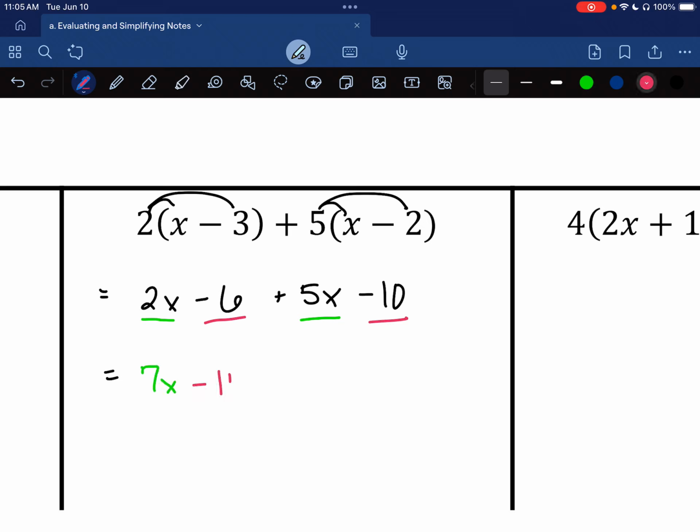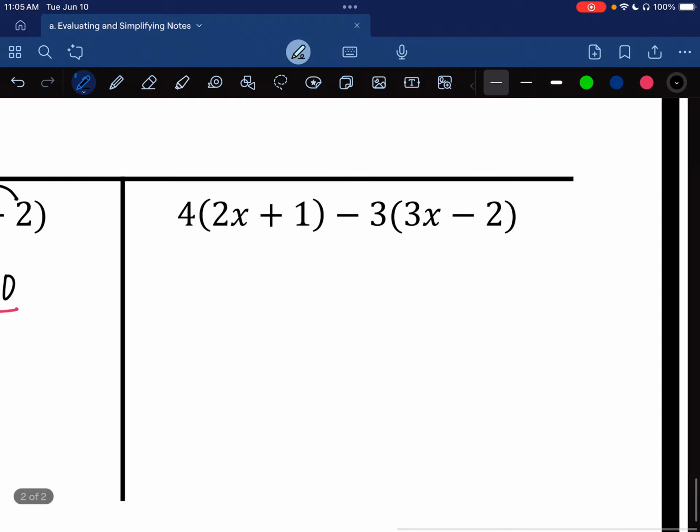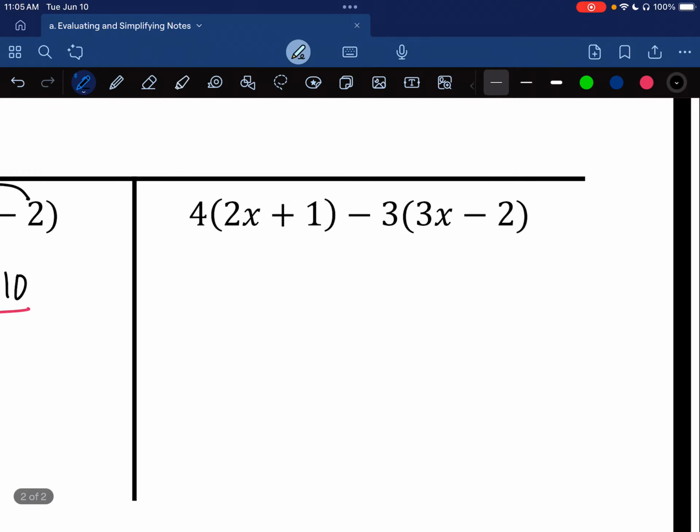And one last problem. We're going to do 4 times 2x, 4 times 1, minus 3, making sure that negative also gets distributed. This will be 8x plus 4 minus 9x plus 6. It's okay if you need to write in that intervening step.